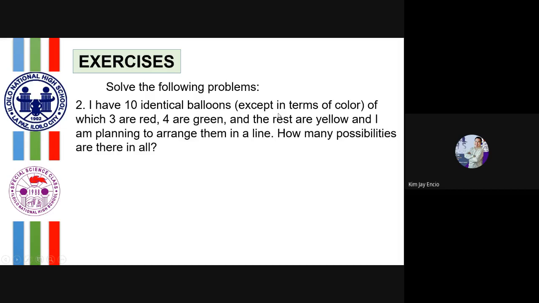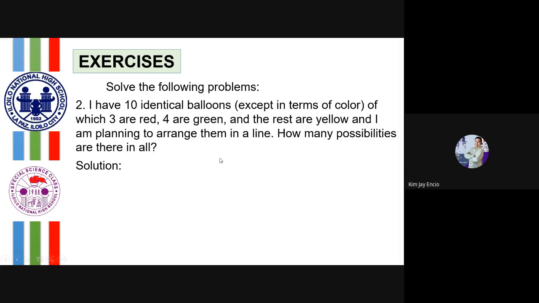They are of the same size and differ only in color, so still the indistinct permutation applies here. If 3 are red and 4 are green, 3 plus 4 is 7, so there are 3 yellow balloons because 10 minus 7 is 3.